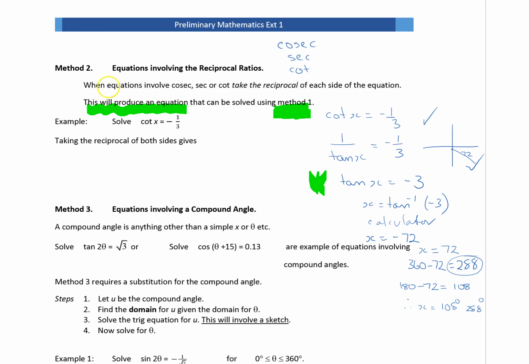Hopefully you can see, and you will be able to recognise in the future what method 2 is. It involves a reciprocal ratio, and what I had said previously about reverting back to needing to use method 1 actually became true and obvious in this case.